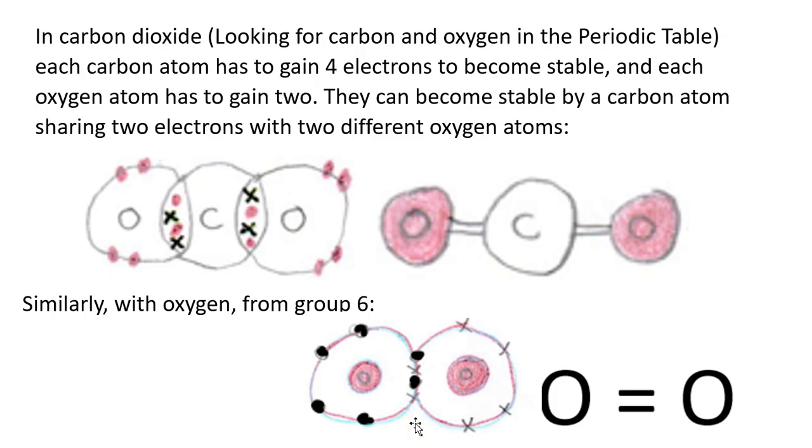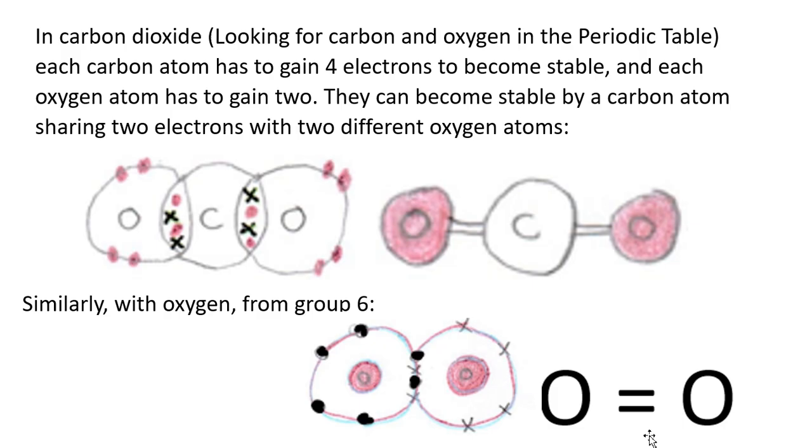Both now have access to 8. Oxygen on the left, I've got the 6, whatever you want to call them, dots or circles, originally, and now has access to 2 electrons shown by crosses. They came from the other oxygen atom. That's 2 bonds. I will draw 2 lines between the oxygen atoms.